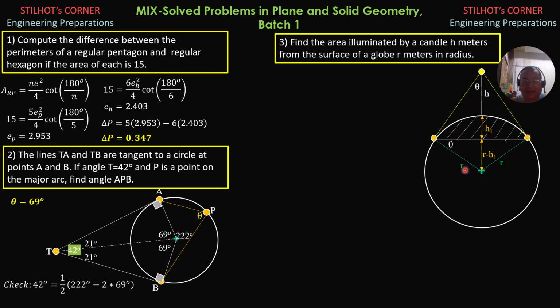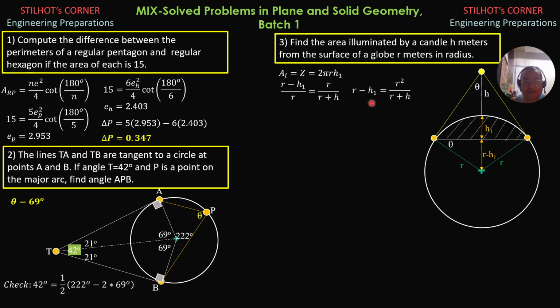So that is r over r plus h equals r minus h1 as to r. Then by similar triangles, r minus h1 as to r equals r as to quantity r plus h. So r minus h1 is r square over r plus h.